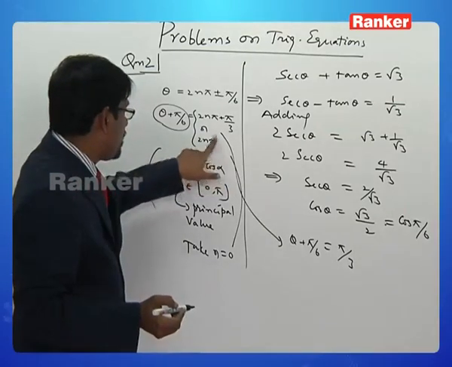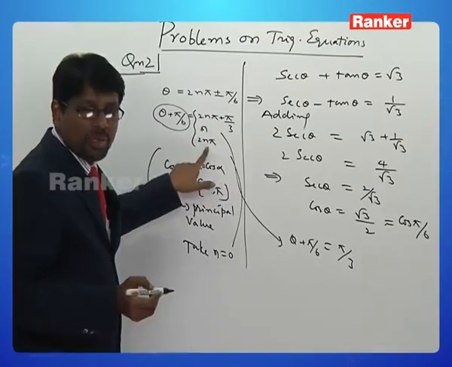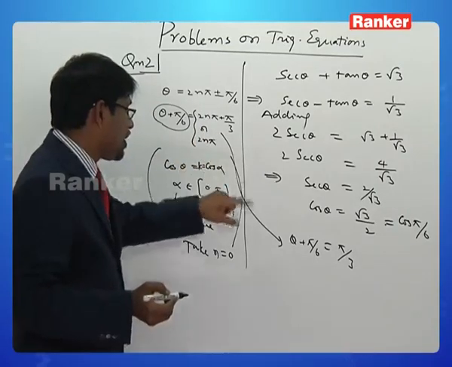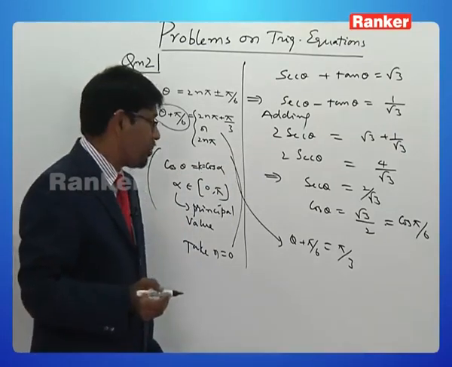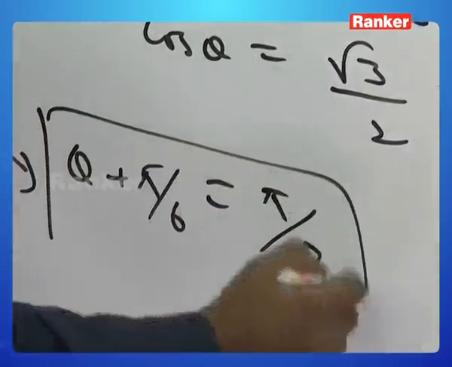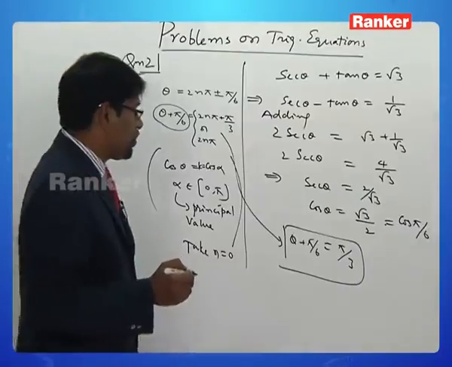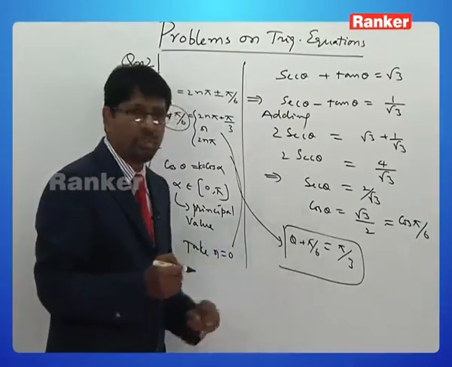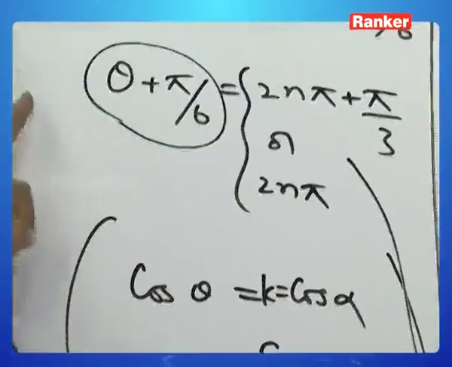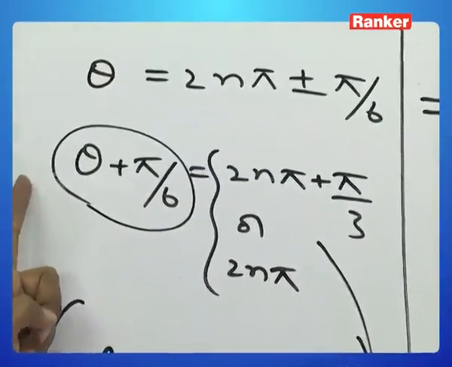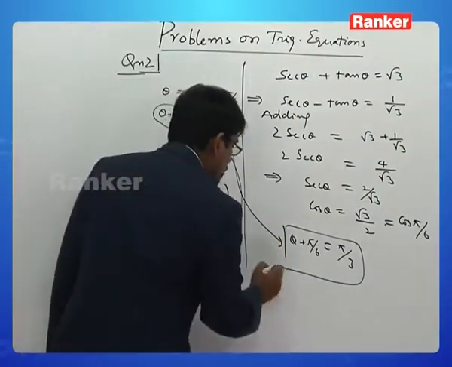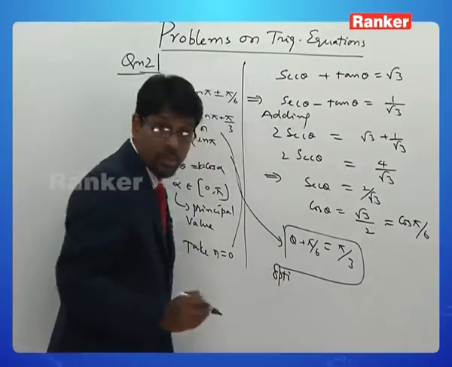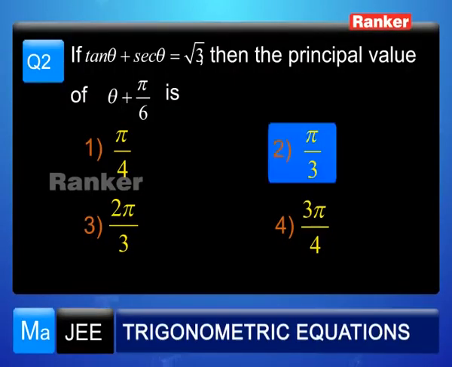We also get 0, but that's not given in the options here. So the principal value of theta plus pi by 6 is pi by 3. So option 2 is the right answer.